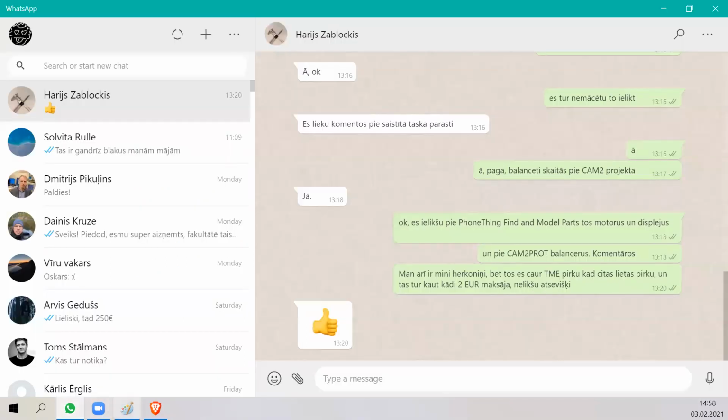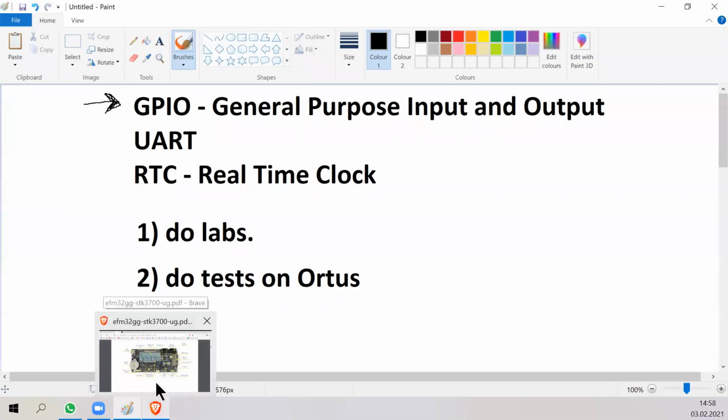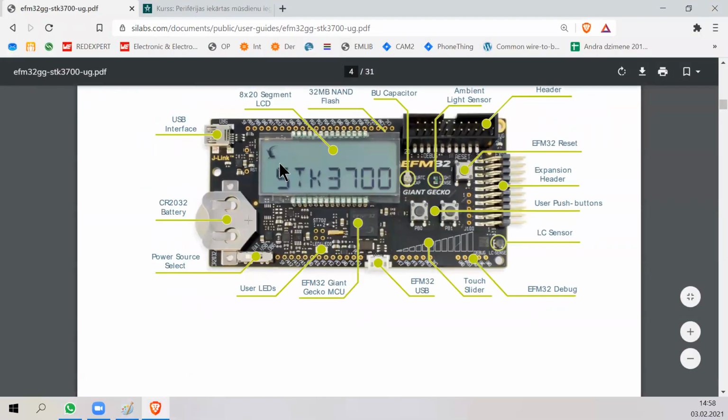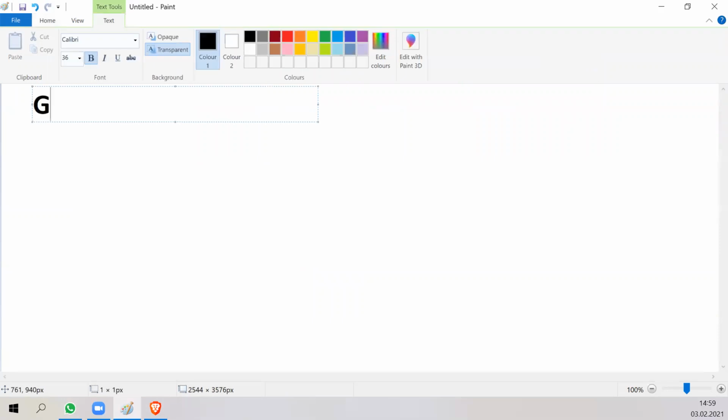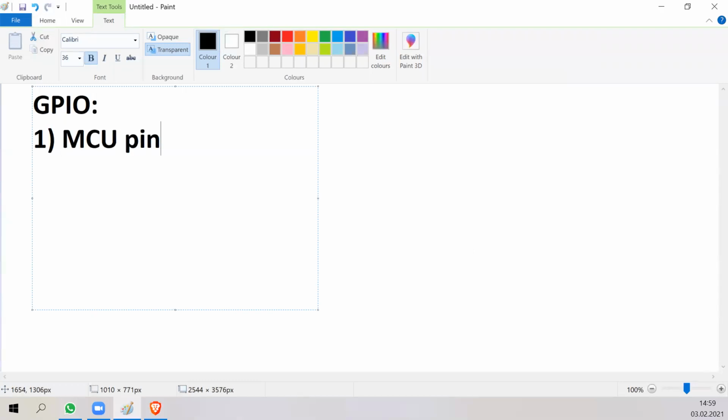So the general purpose input output peripheral, GPIO, basically does just a couple of things. So first of all, generally speaking, you select whether the microcontroller pin is input or output.